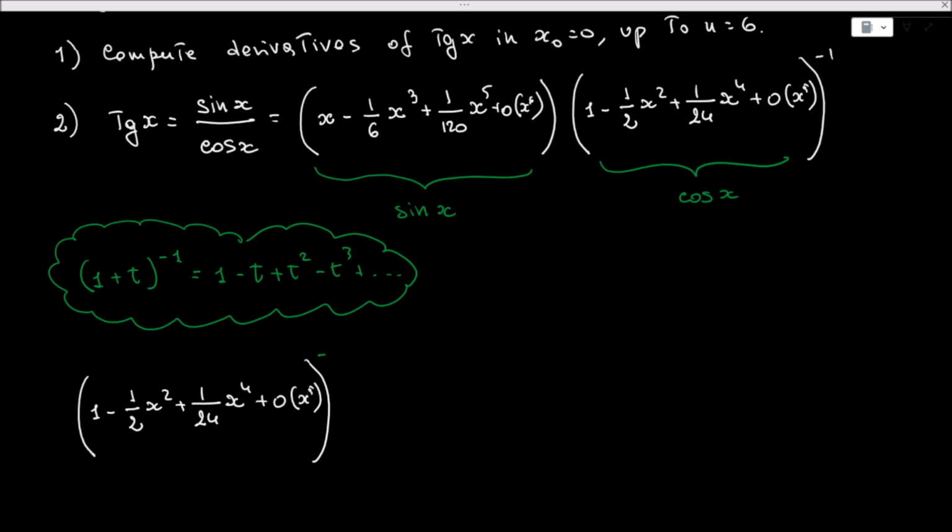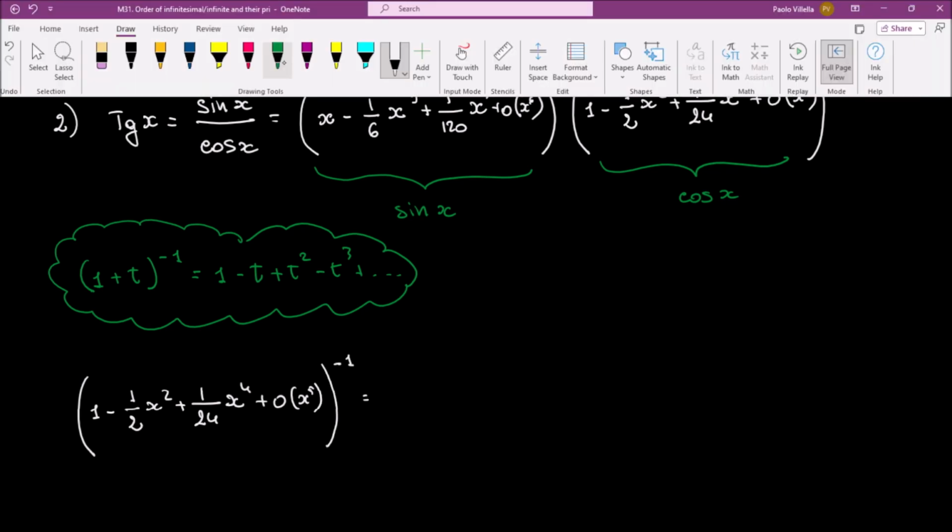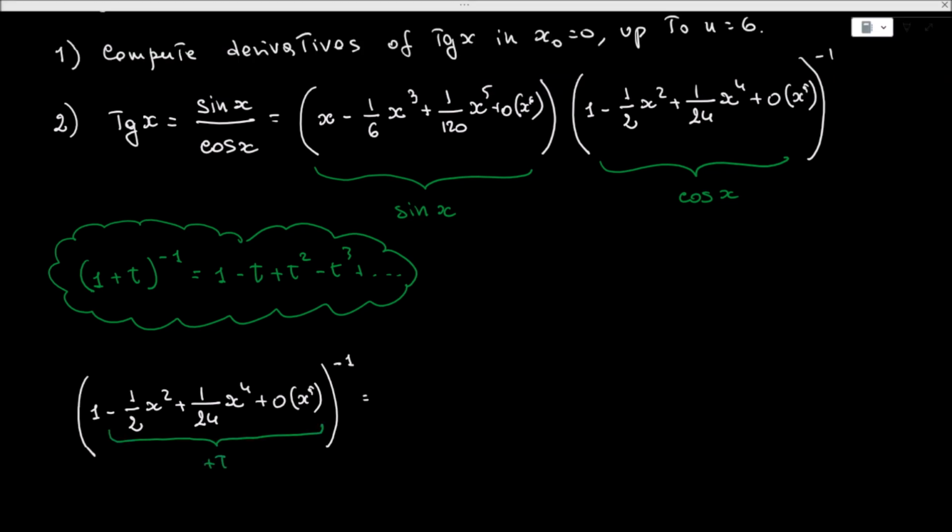And notice that we can consider these to be plus t, right? So this becomes 1. Well, we need to write minus t, so we need to change the sign of each and every term, plus 1/2 x to the square, minus 1/24 x to the 4th.